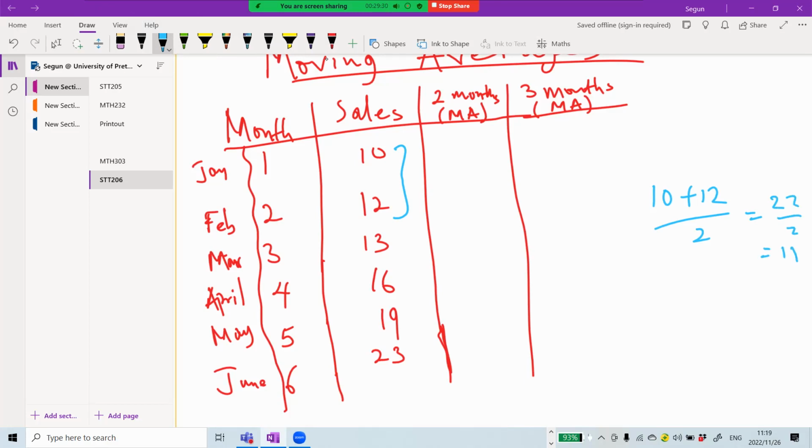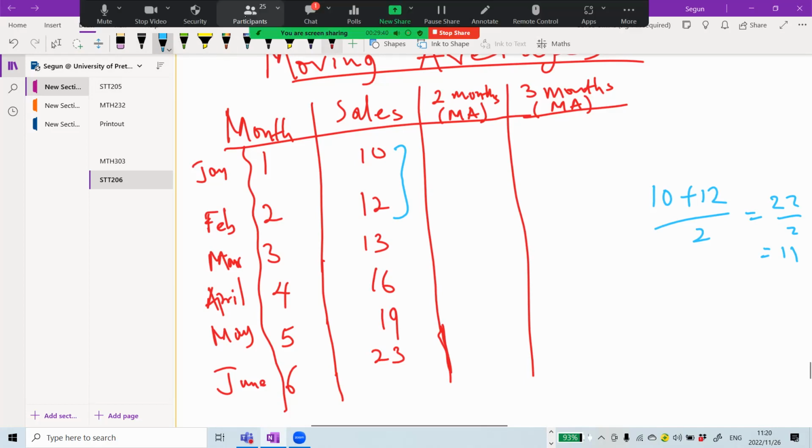The answer is 11. Now you look for it, come to this side, 11. So this particular one will be empty, this one will be empty, then 11 will be here.